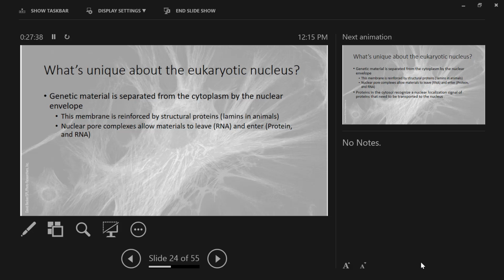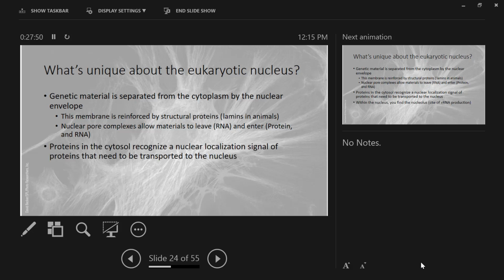Now here was something really cool. This was probably one of the coolest things that we've really figured out a lot about between when I learned cell biology and now. There's proteins that need to operate within the nucleus, because proteins are translated, and we'll see this in a few weeks, inside of the cytosol on ribosomes, or they may be translated on the rough endoplasmic reticulum.